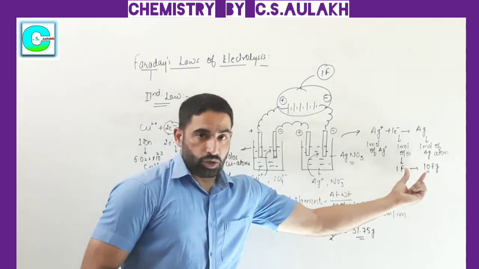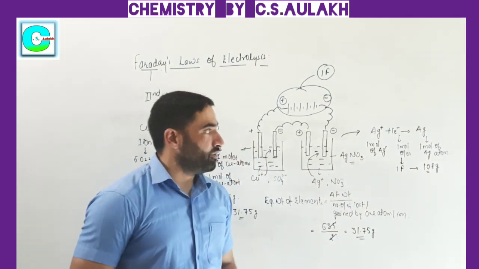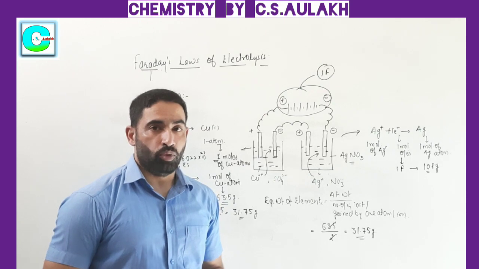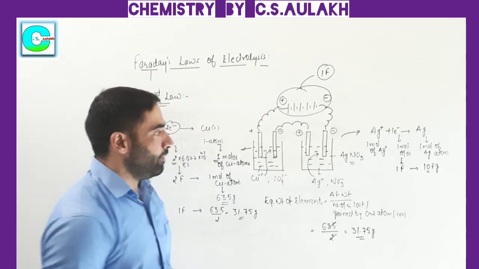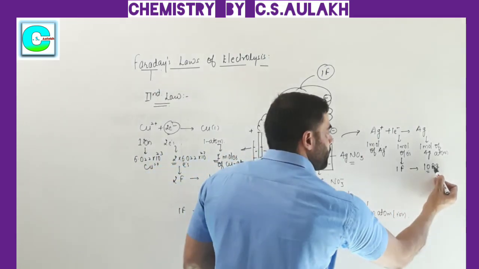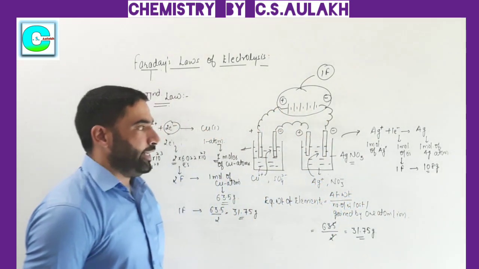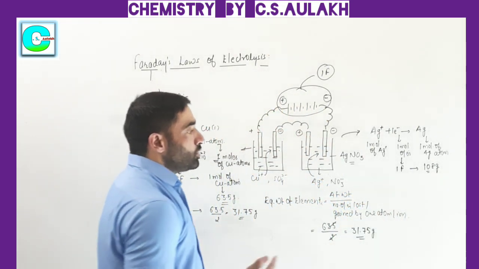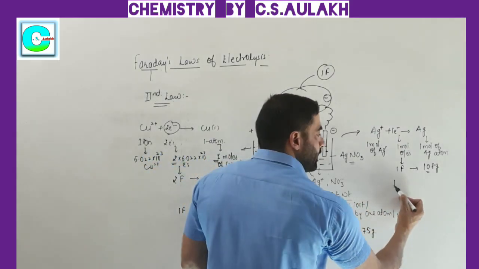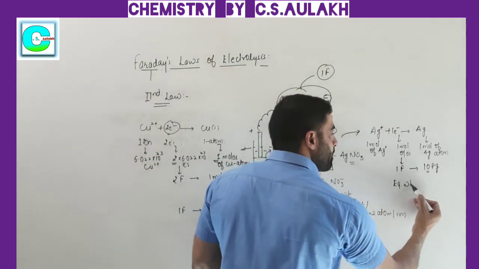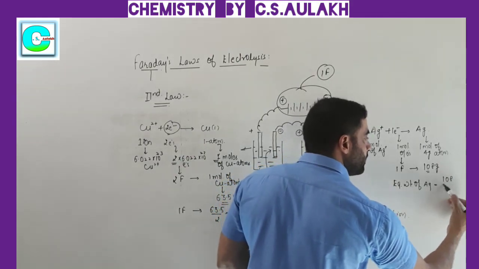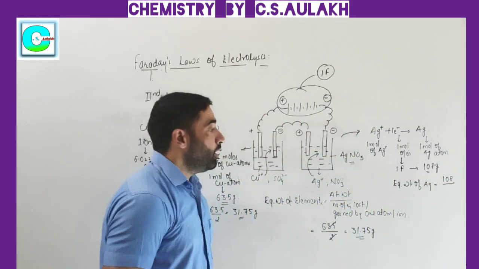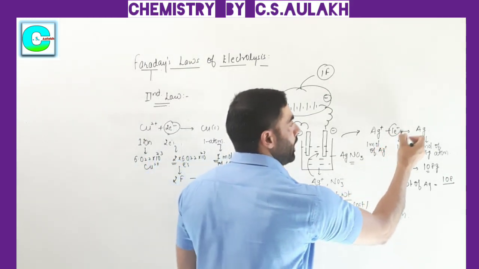108 is the atomic weight of silver, which is equal to the mass of 1 mole of silver atoms. That's why I have written here 108 gram. So 1 faraday of electricity is depositing 108 gram of silver. Again, if we calculate the equivalent weight of silver, it is equal to 108, that is its atomic weight, divided by the number of electrons gained by it.